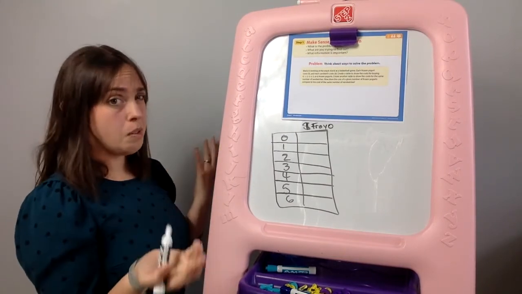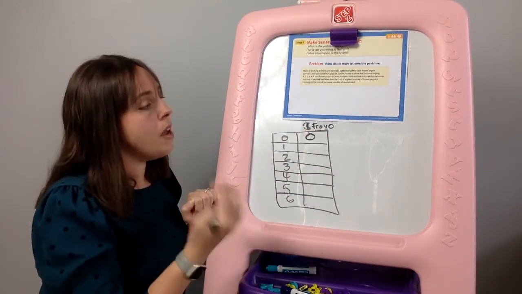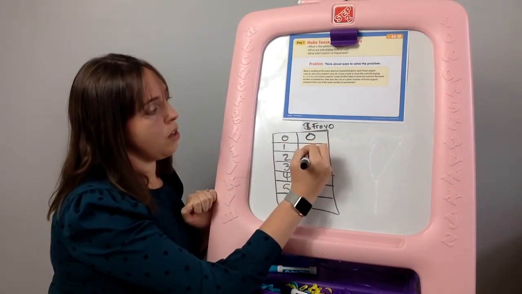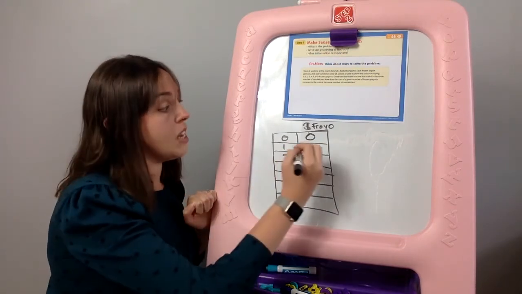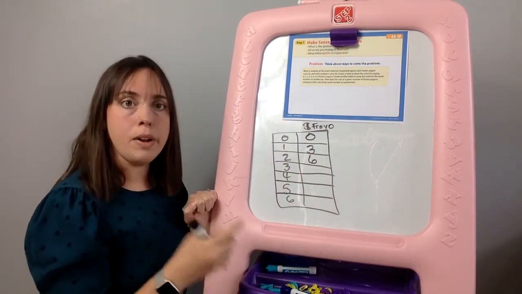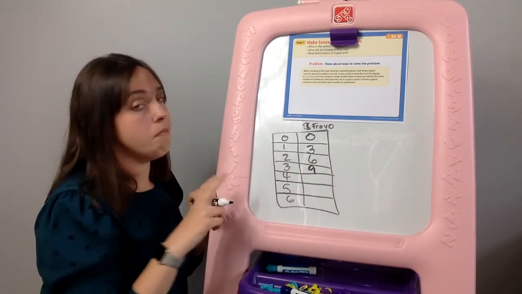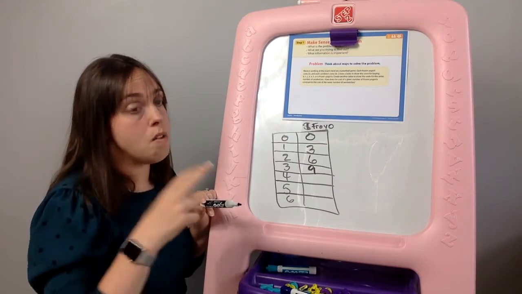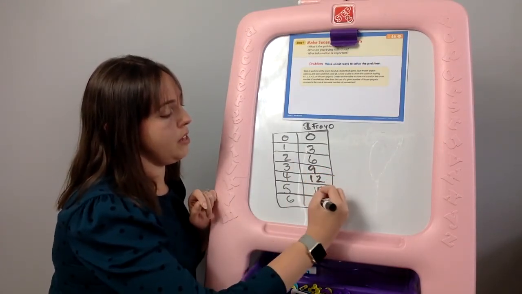So if I buy 0 frozen yogurts, I've spent $0 on froyo. That makes sense, okay? If I buy 1, I spend $3. If I buy 2, well, that's $3 plus another $3. Okay, well, that's $6. If I buy 3, it's 3, 6, 9. 4, 3, 6, 9, 12. 5 would be 15, and 6 would be 18.